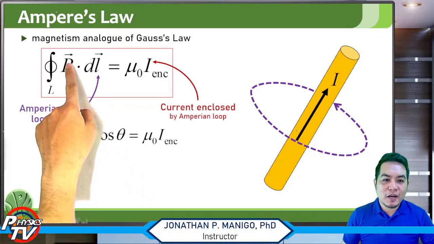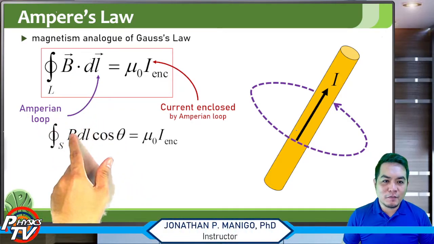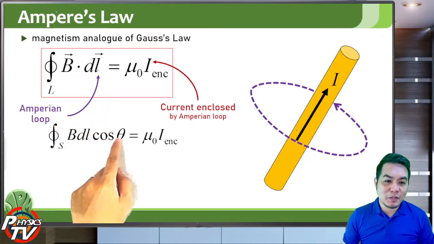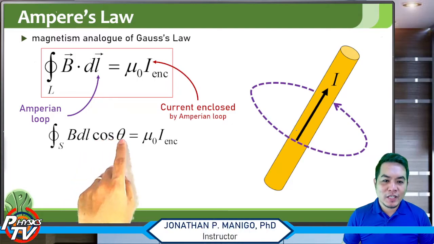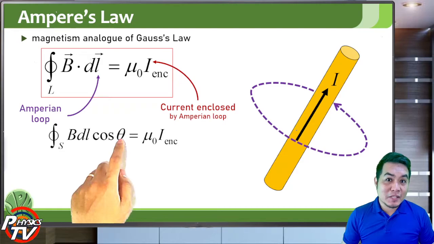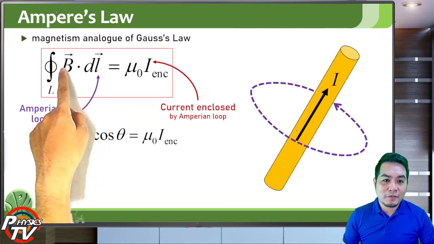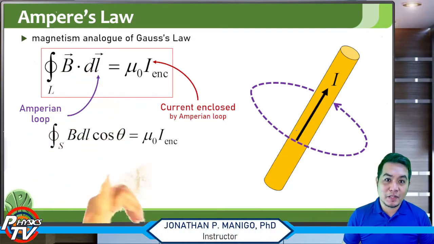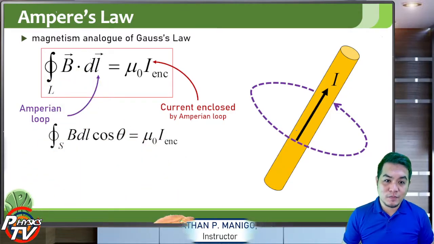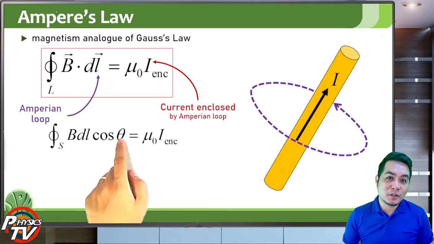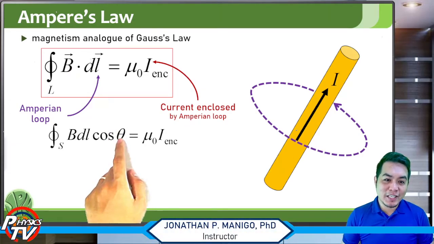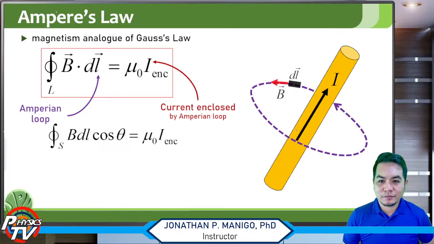This is just the dot product, meaning it is the magnitude of B, times the magnitude of dl, times cosine theta, where theta is the angle between B and dl. If theta is equal to 90 degrees, if the magnetic field and your dl are perpendicular, then this integral becomes 0. It is maximum when theta is equal to 0, and minimum when theta is equal to 180 degrees because it becomes negative.